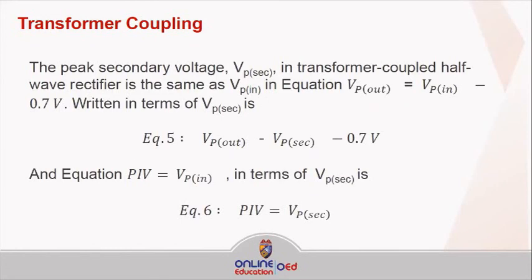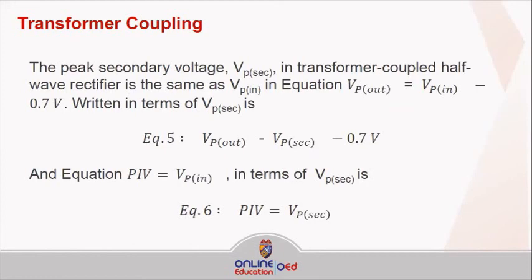Okay, then the peak secondary voltage, VP(sec), in a transformer-coupled half-wave rectifier is the same as VP(in) or input peak voltage. In the equation, VP(out) equals VP(in) minus 0.7 volts.